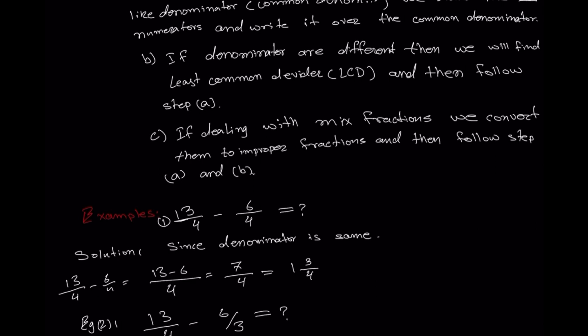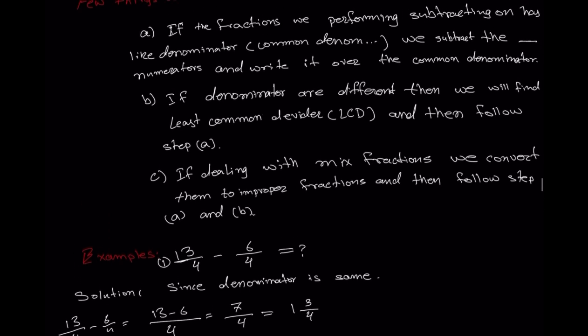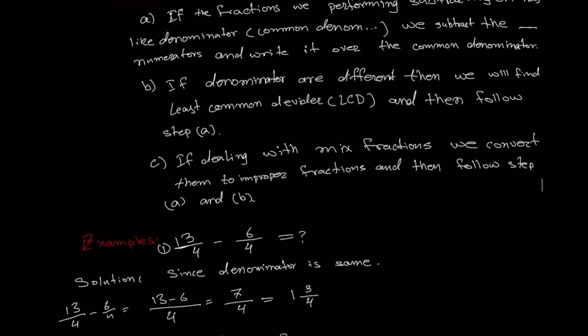Let's do an example. Hopefully these steps are easier to understand, as we will follow them in the example. Example 1 says 13 over 4 minus 6 over 4. Since we have the same denominators, step 1 says if we have the same denominator, we just subtract the numerators.